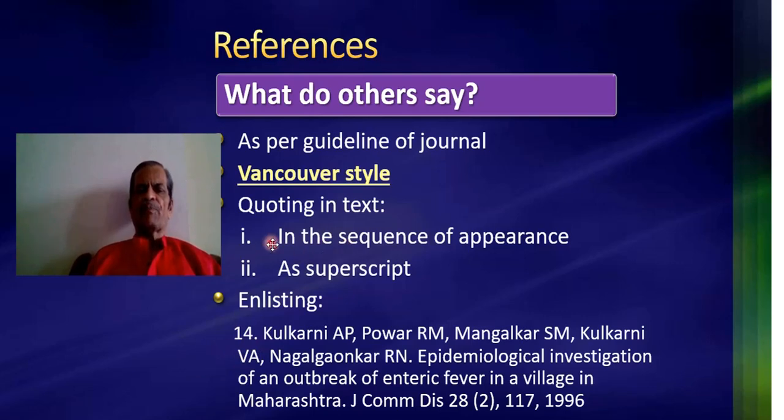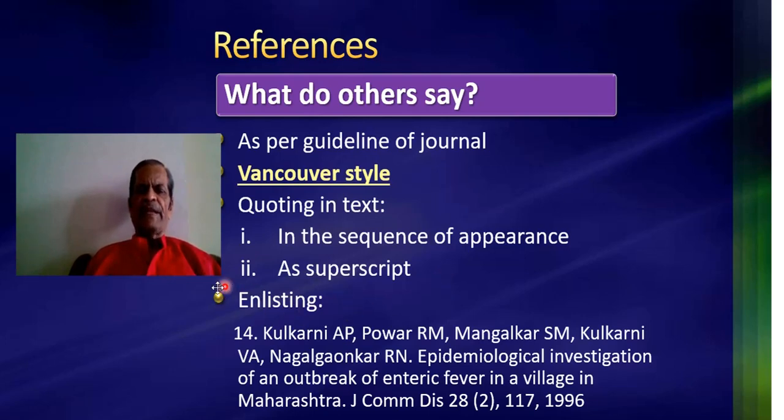So that is the quoting of the references in the sequence of appearance in the Vancouver style, and it is referred to in the text as a superscript. It will appear somewhere over here as a superscript, and the modern typing softwares will see that it is mentioned as a superscript once you instruct that it should be superscript.